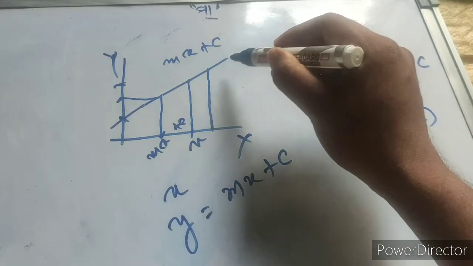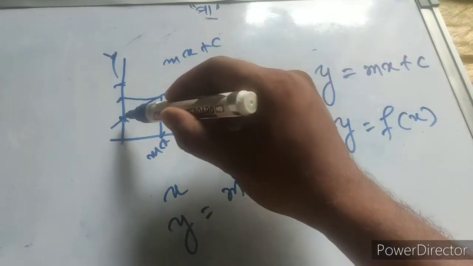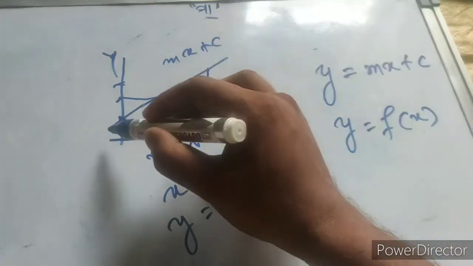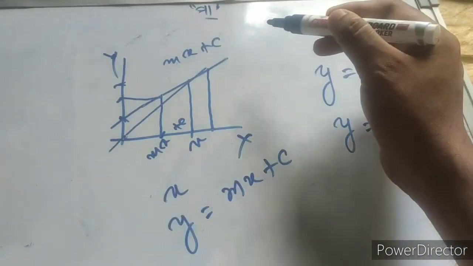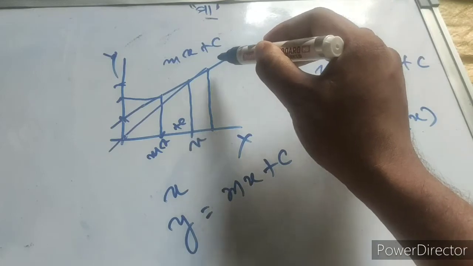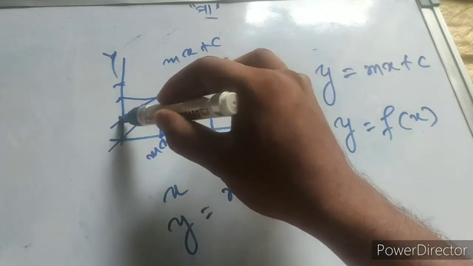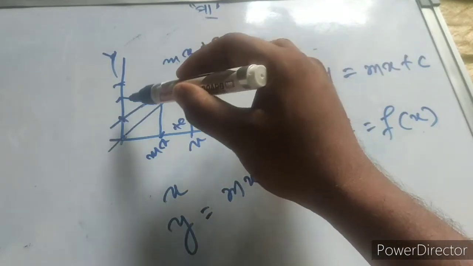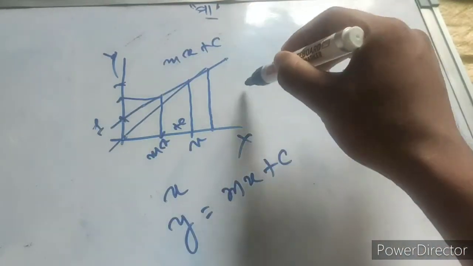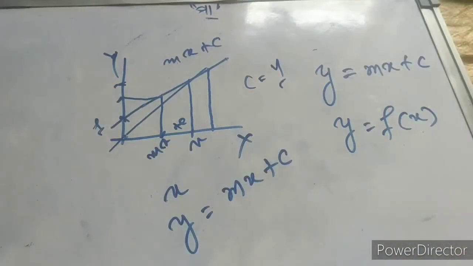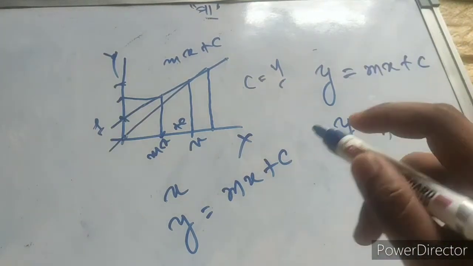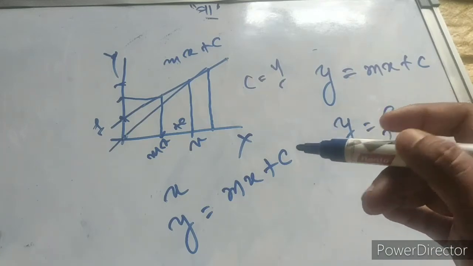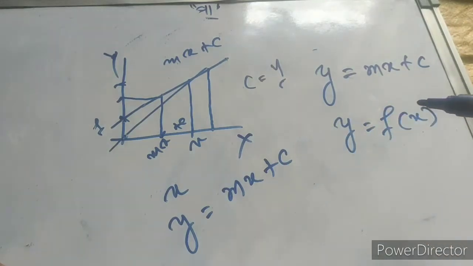For this entire line, this is the only constant. Sometimes the constant can be 0 if the line passes through the origin. For this line, the constant where it crosses y could be 1, so the constant could be 1 throughout the entire line. So for the equation y = mx + c, a particular m value and a particular c value are found.